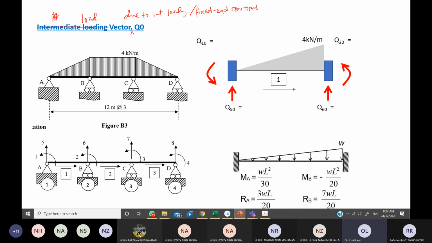So we are going to analyze element by element on this Q node. Here I have sketched element number 1. You take element number 1 from A and B. This is your fixed end, and then you put in the fixed end reaction just like in your appendix.